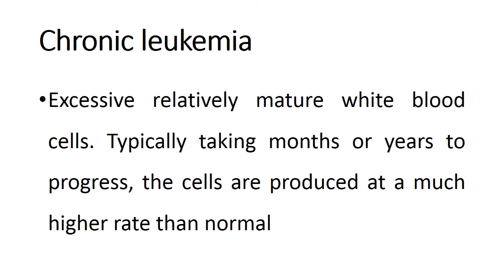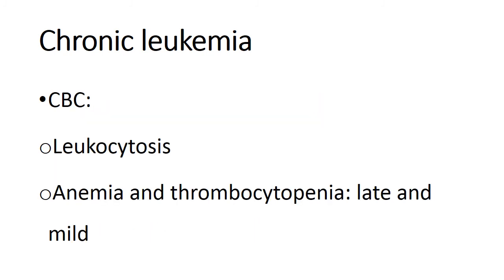Chronic leukemia typically takes months or years to progress. As a laboratory finding in chronic leukemia, it is mostly presented by leukocytosis. Anemia and thrombocytopenia are not a common presentation in chronic leukemia, and if present, they will be late and mild.